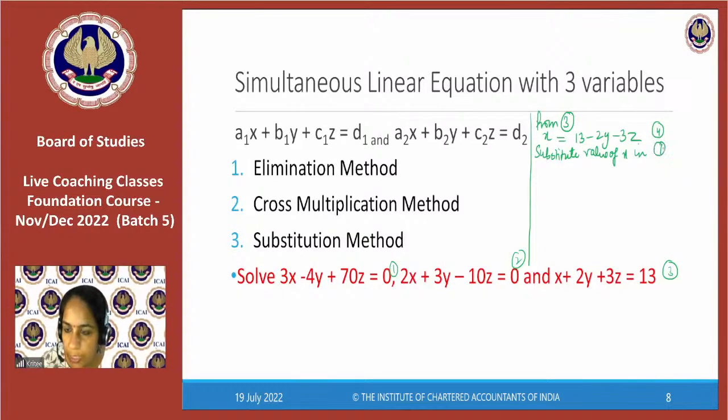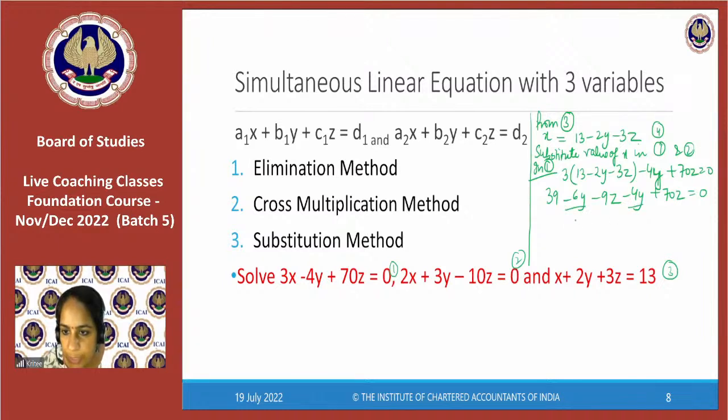When I'm putting it in equation number 1, it looks like this: 3 into, instead of x, I'll write 13 minus 2y minus 3z, minus 4y plus 70z equals 0. So 39 minus 6y minus 9z minus 4y plus 70z equals 0. Minus 6y minus 4y is minus 10y.